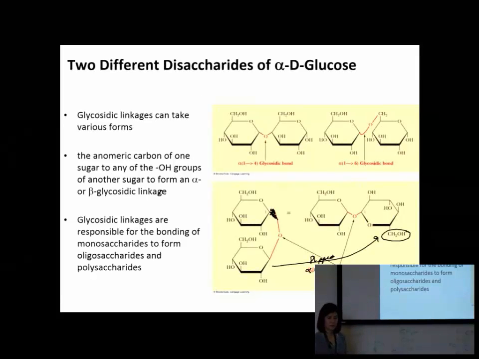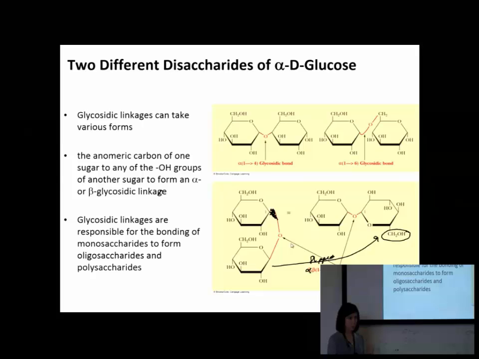Here, we only had one anomeric carbon involved in the glycosidic bond. But in this case, both of them were. Now, I'm going to do a little foreshadowing. Which one, the top or the bottom, would be a reducing sugar?